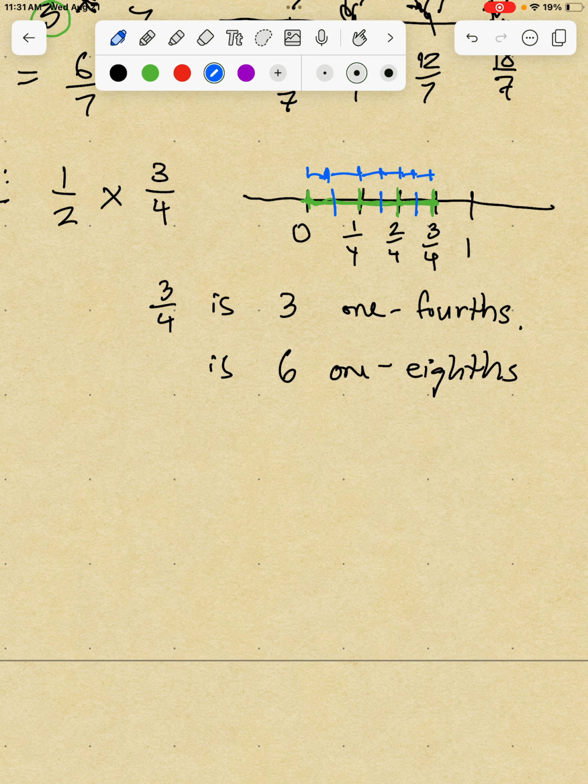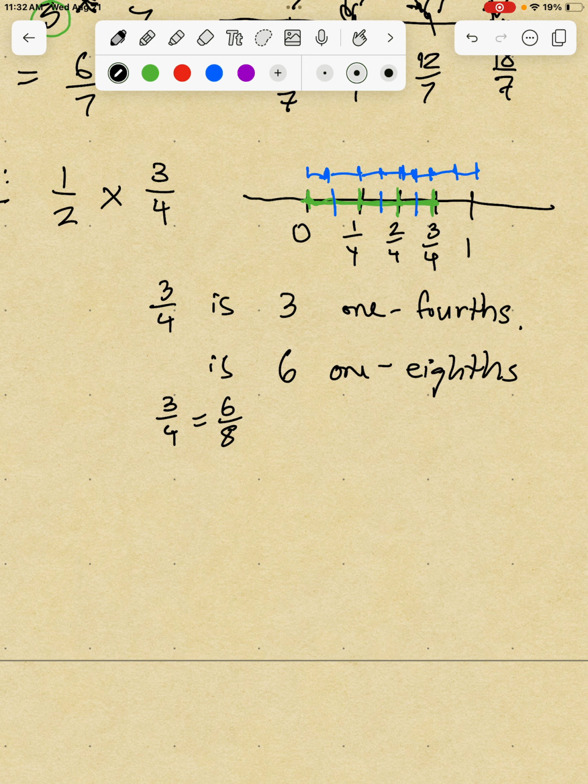And how long is each piece? Well, if you take the interval from 0 to 1 and just keep going, you see that I have 8 pieces of equal length. So 3/4 is the same as 6 1/8. 3/4 is equal to 6/8.